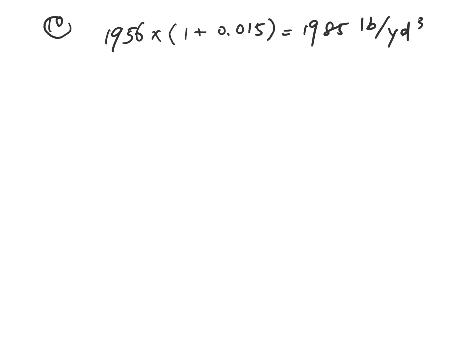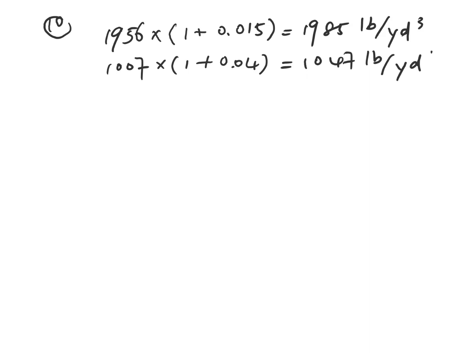So similarly, we can calculate the weight for moist fine aggregate. So the dry weight is 1007 times 1 plus 0.04. So this value should be 1047 pound of moist fine aggregate per cubic yard of concrete.